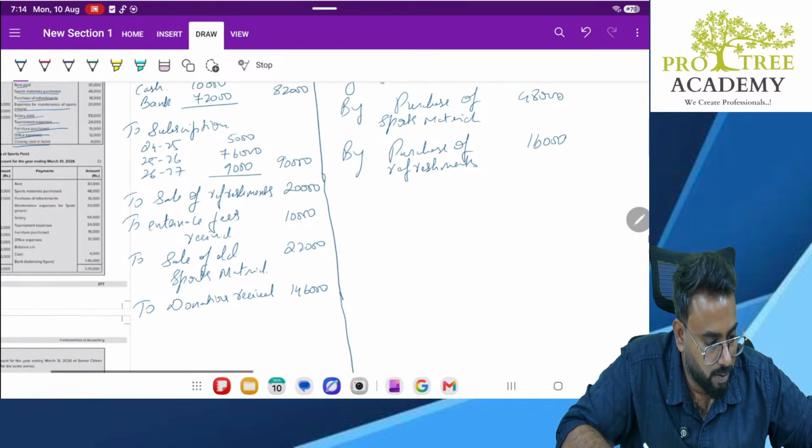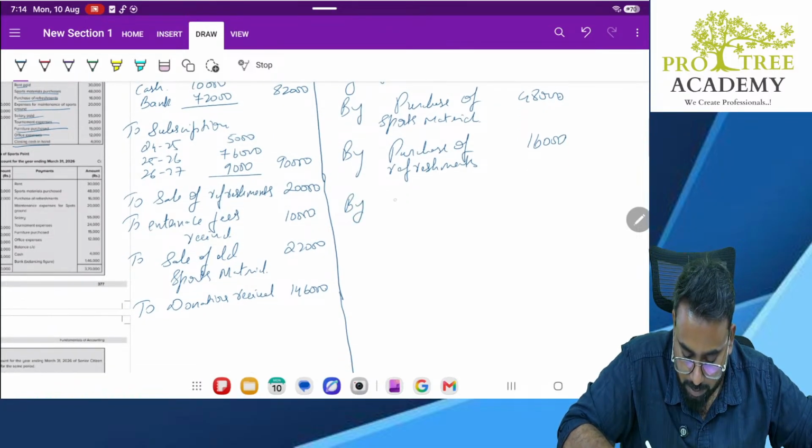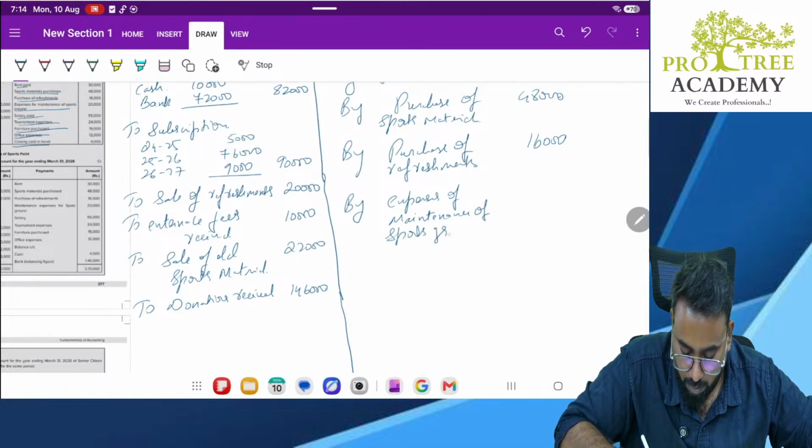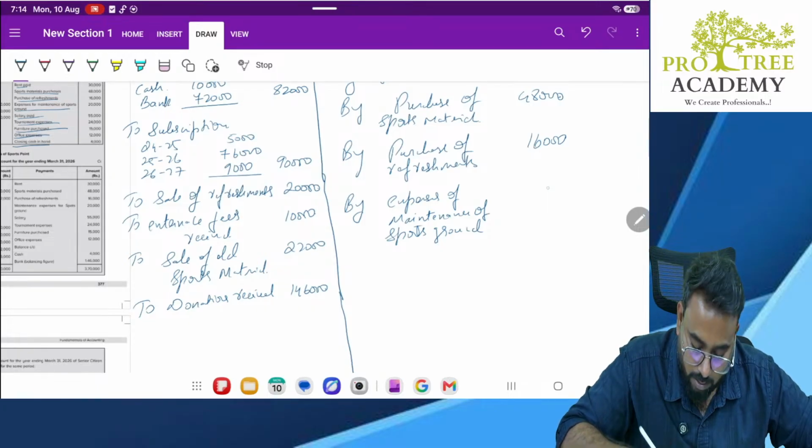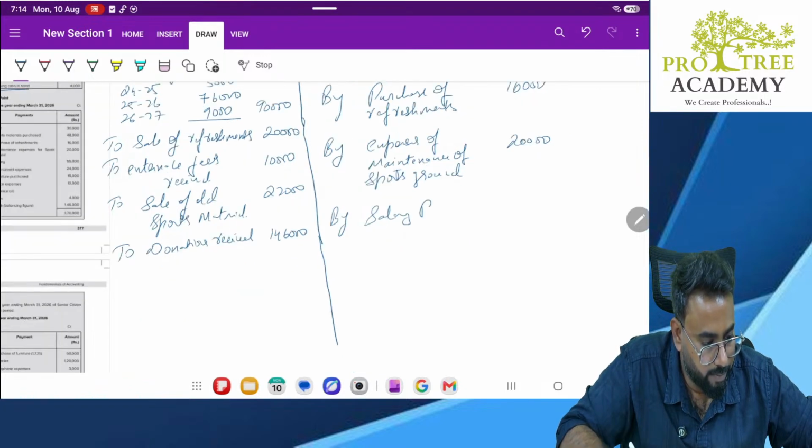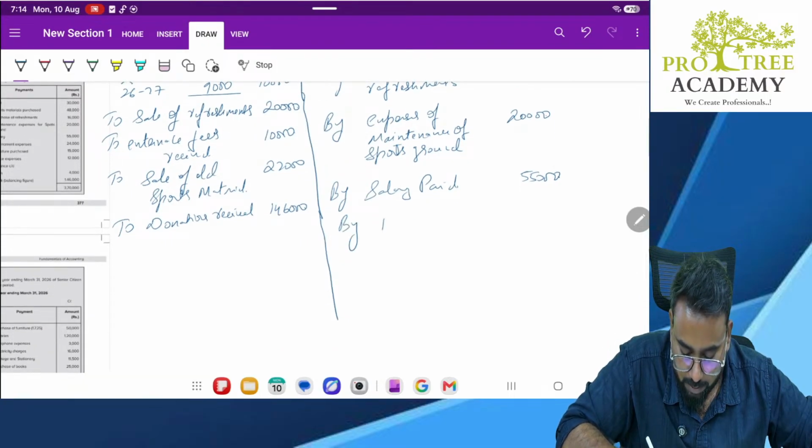By expenses of maintenance of sports ground, how much? 20,000. By salary paid 55,000. By tournament expenses 24,000.